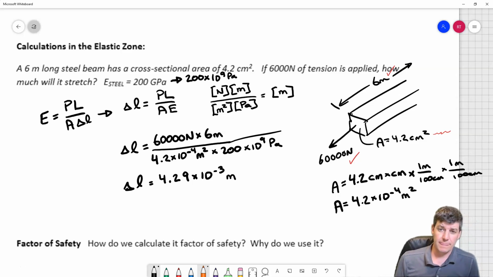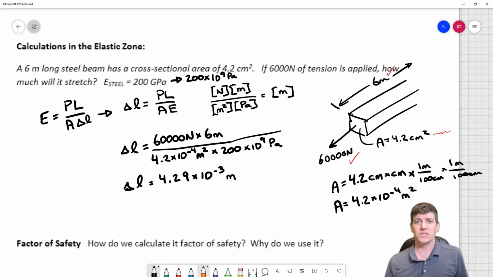Okay. Before I just say that it's good and move on, what I want to do is make an estimate as to, is this even reasonable? Okay. I've taught this for a long time, and I've seen lots of answers come out of questions like this, where a student will say that a 6 meter long beam, when I put it under load, stretched by 42 meters.